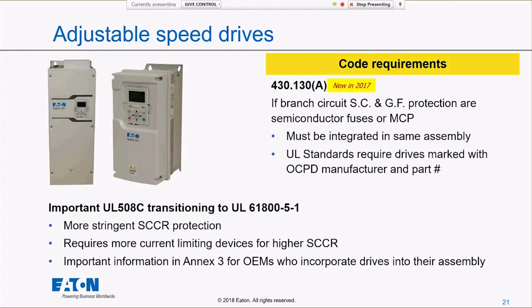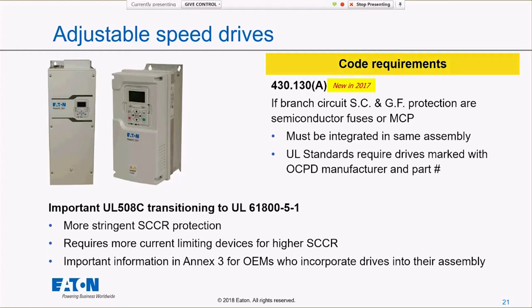For drives 25 horsepower and less, you'll probably see no changes whatsoever. Above 25 horsepower, you might start seeing a different overcurrent protective device being specified in front of it. It's not necessarily that the short circuit current rating is going to go down, or that it won't be a high short circuit current rating. It just means that the device you have to use in front of that drive might be different.